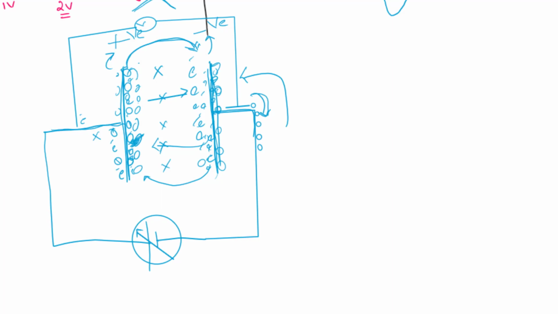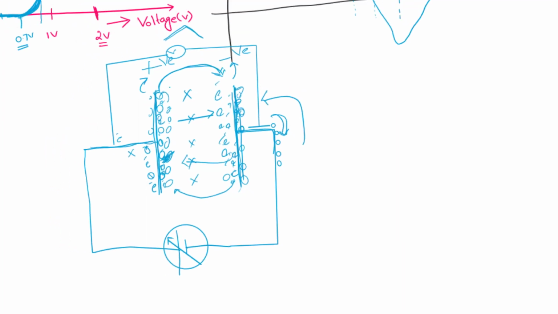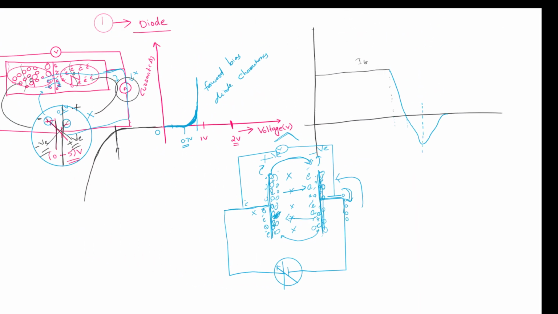So now for our understanding, in the scientific literature, they have classified this part in two ways. They are calling this TA, the time taken from 0 to extreme negative.